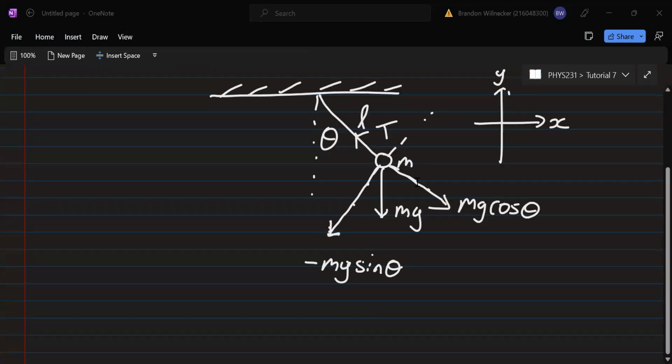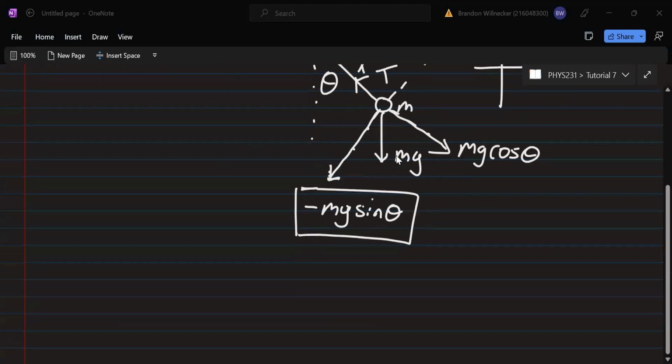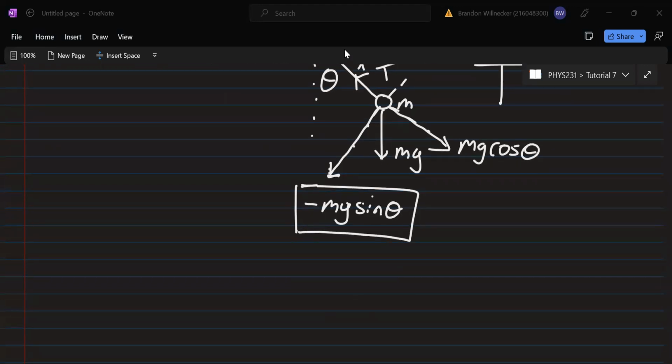So we can write out our net force. That's going to be this one over here, because that's the force needed to move this mass along the arc. The tension and the mg cos theta are balanced, so that doesn't add anything to the equations of motion.